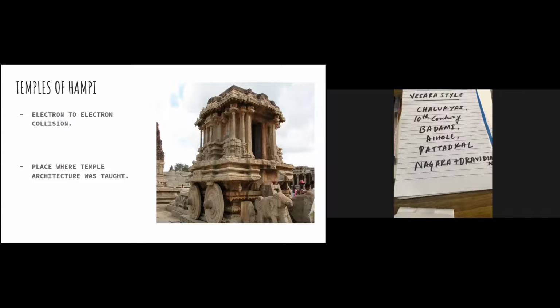You hit it, you get that sound, exactly how your drum sounds. In physics, there is something known as electron to electron collision, so that is one thing where science was involved while constructing that temple.